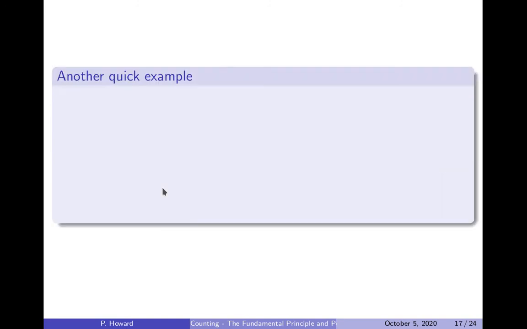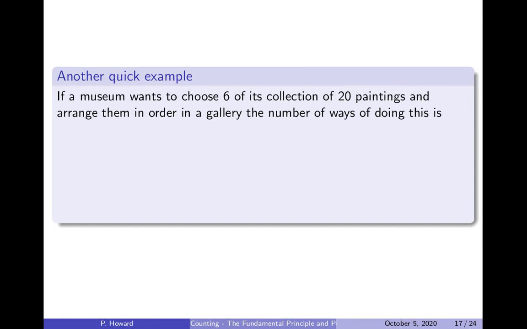Okay, here's another quick example. Let's suppose that a museum wants to choose 6 of its collection of 20 paintings and arrange them in order in a gallery. How many ways can they do this? Well, they're taking 6 of 20 things and arranging them in order.